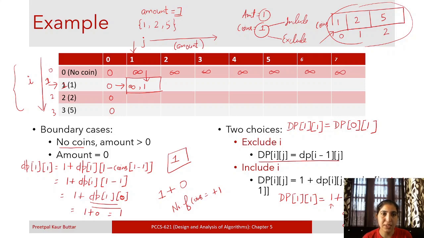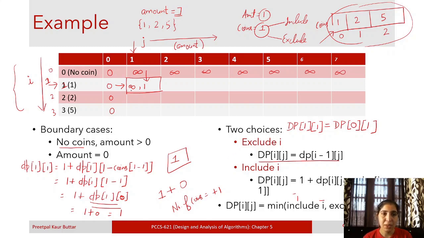These are the two solutions which we found. One by excluding i, that is excluding the 1 rupee coin, and the second by including the 1 rupee coin. Out of these two choices, we will take the minimum. Minimum means we want to minimize the number of coins. So whichever is minimum out of include i and exclude i, that we will take.